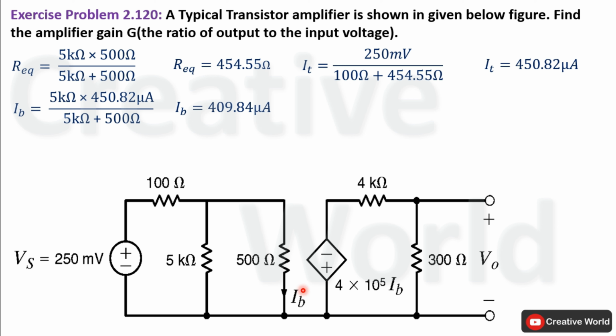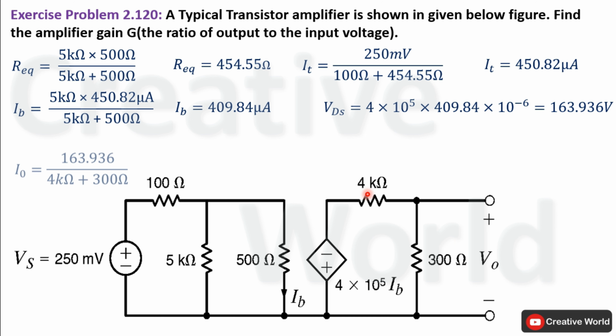We have calculated the value of current. Now we are able to calculate voltage across this dependent voltage source, that is 4 multiplied by 10 raised to the power 5 times IB. So the value of voltage across this dependent source will be 163.936 volt. After calculating voltage across this dependent source, we can calculate current through this closed loop using Ohm's law.